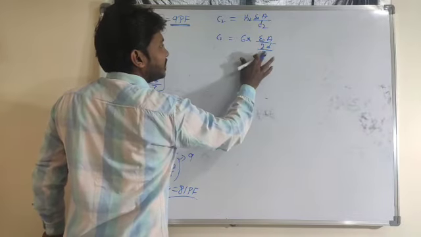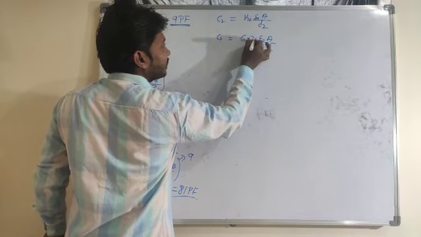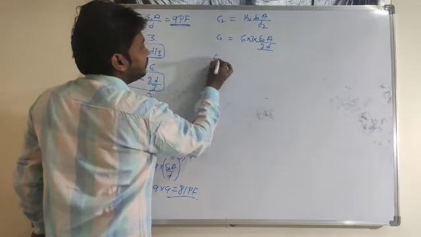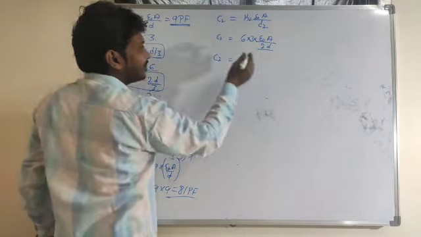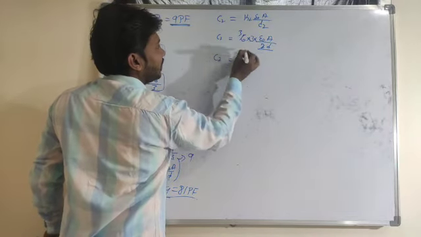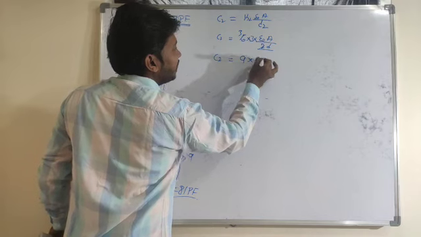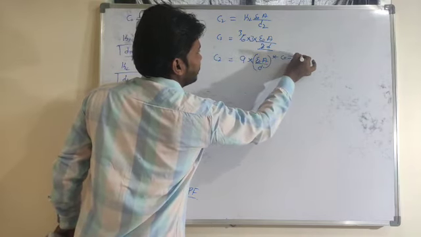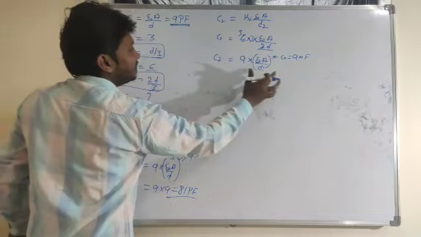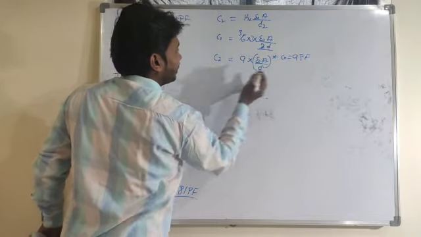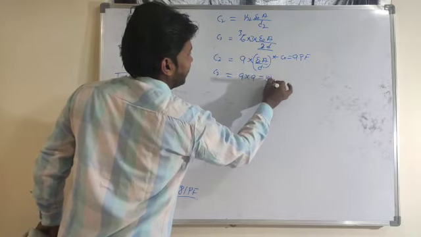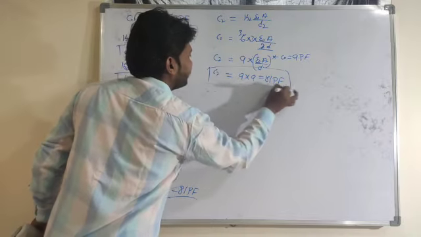The 3 goes to the numerator, 6 into 3. So C2 is again 9 into epsilon naught into A divided by D. Again this acts as C0, which they mention as 9 picofarad. So C2 is again 9 into 9, 81 picofarad.